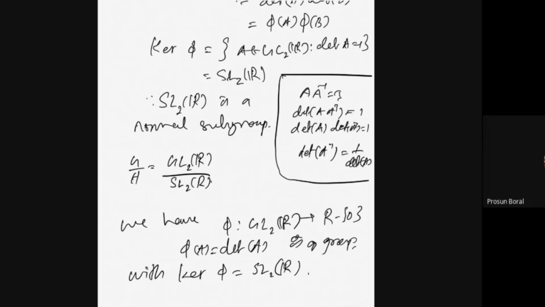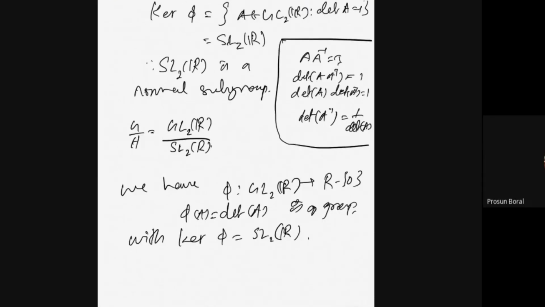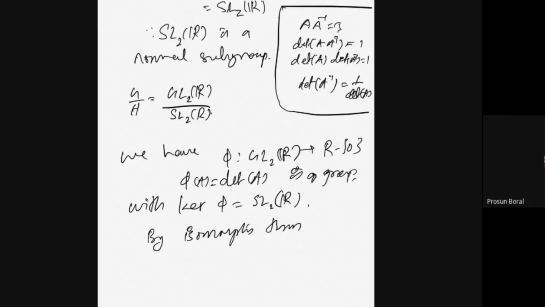Here we use a very good theorem in group theory, the isomorphism theorem. By the isomorphism theorem, GL2R by SL2R is isomorphic to the image of phi.